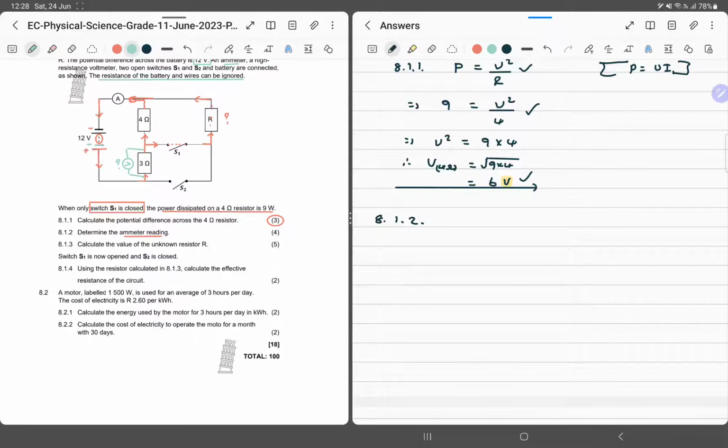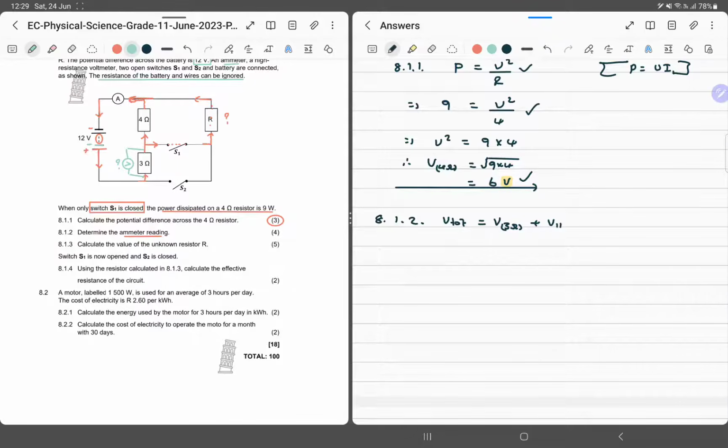We know that the V total is going to be equal to the V across the 3 ohm resistor plus the V parallel.